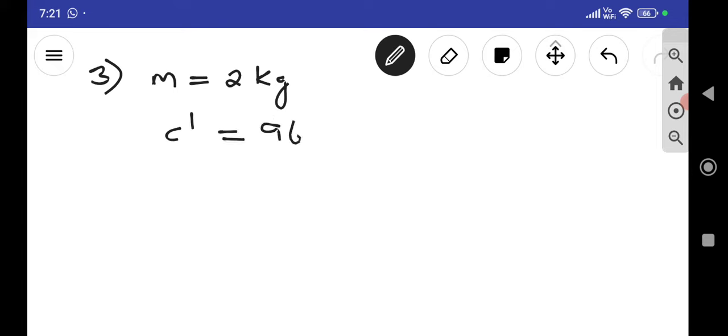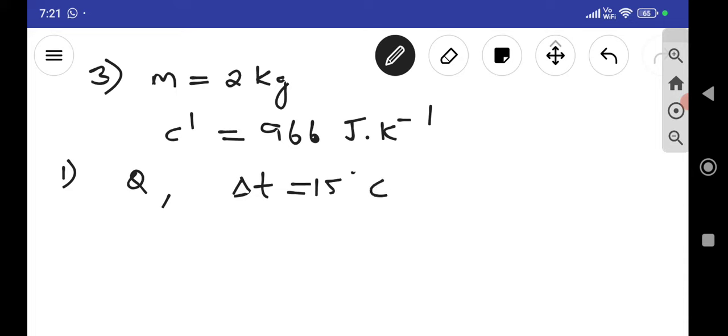Next, question number 3. Here they have given mass 2 kg. C dash is 966 joule per Kelvin. Now in the first question they are asking you to identify what is Q. Here given value delta T is equal to 15 degrees Celsius.